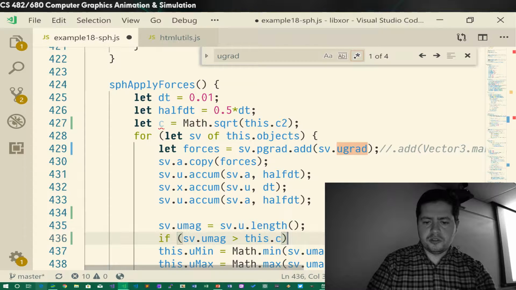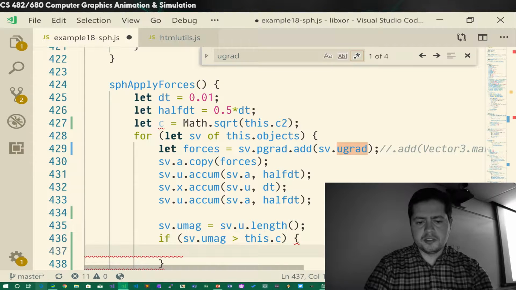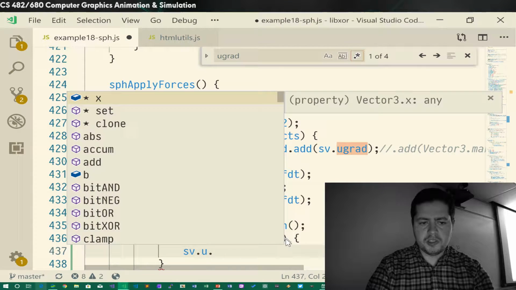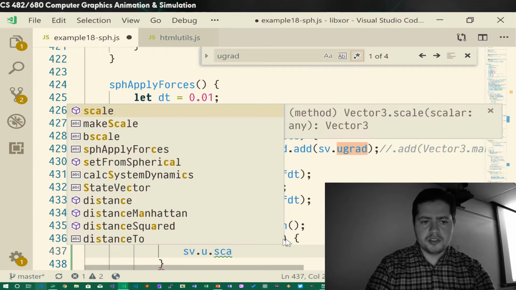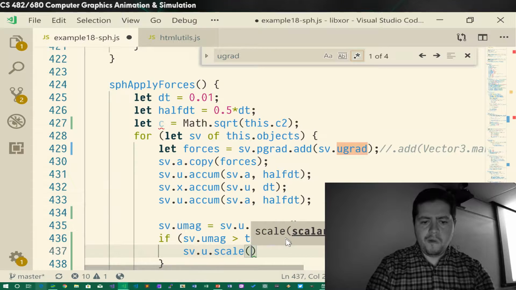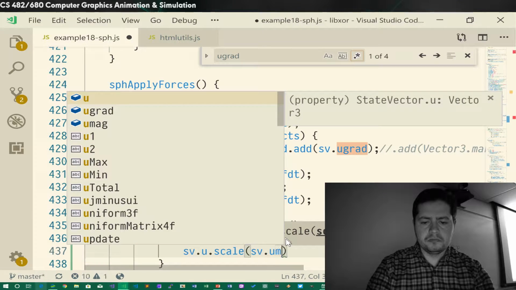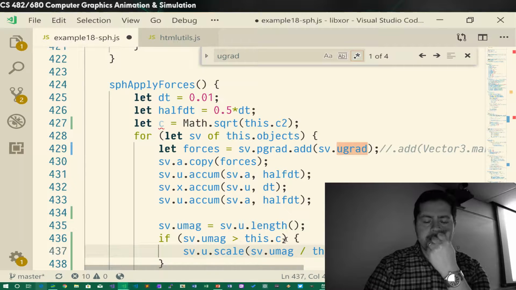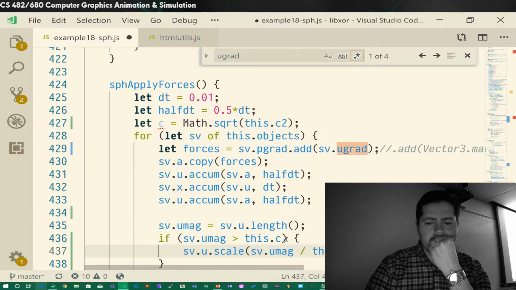Okay, so if the magnitude is greater than that, then SV dot U dot scale. We want to go, what's that? Oh yeah, that local variable.